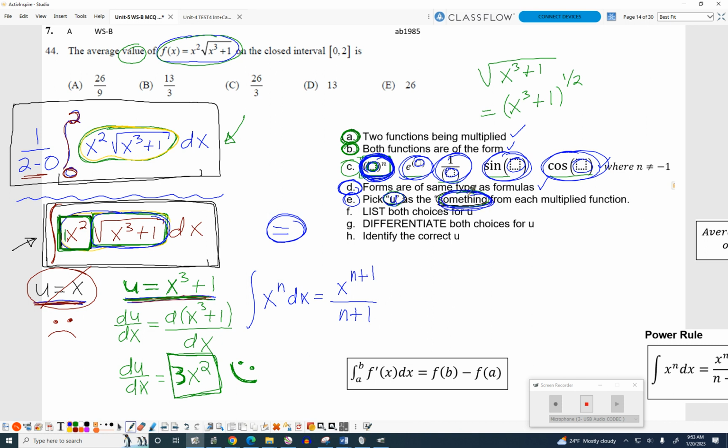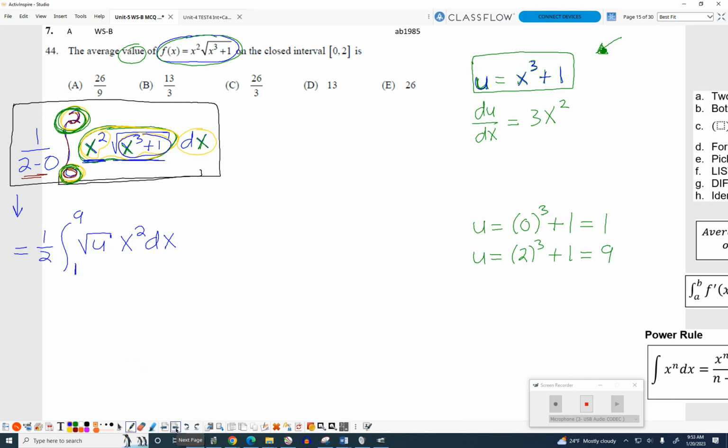So our choice for u is just the x cubed plus 1. So that's what was replaced. Like the equal sign rules, u is the same thing as x cubed plus 1. So square root of x cubed plus 1 is the same thing as square root of u. We still have to leave the square root in there because we have done nothing to legally replace it. Now we could write 1/2 power. Is that okay?